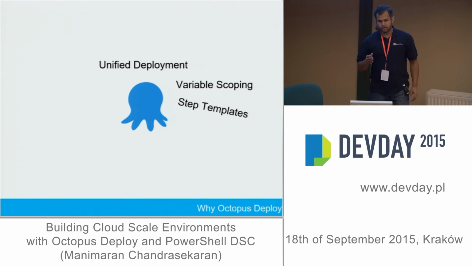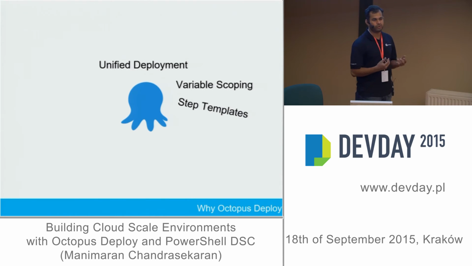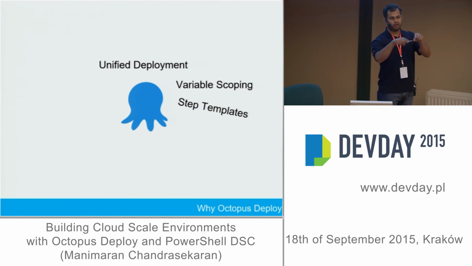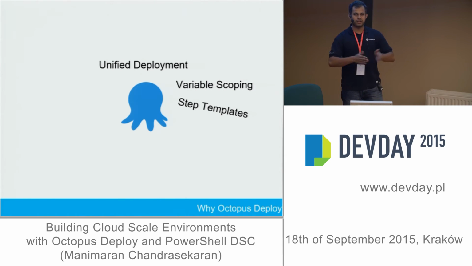And it's got a concept of step templates where it's split into smaller modules, where you could create templates to use during your deployment activities. For example, if you want to create a cloud service, then you could have a template which creates a cloud service. And then you could have a template to say, okay, I need to scale this instance, so scaling the cloud service you could apply through a template.